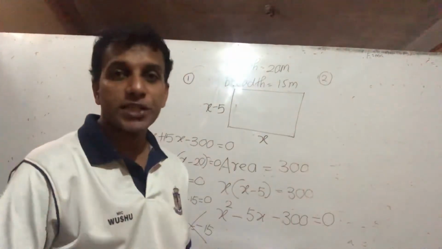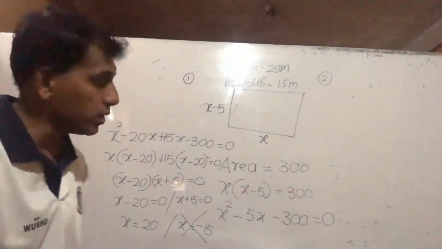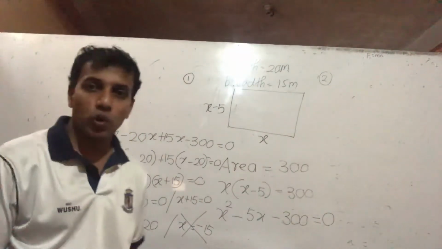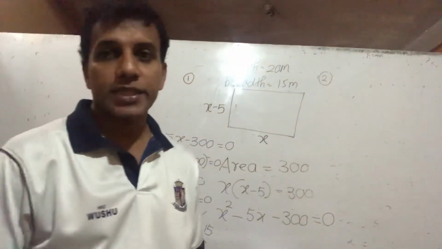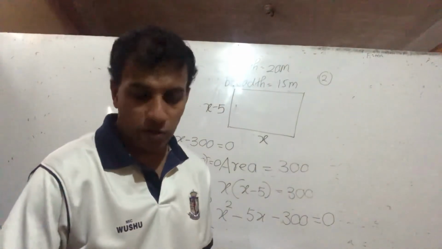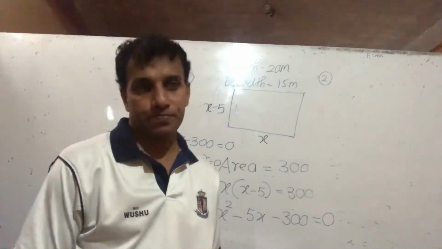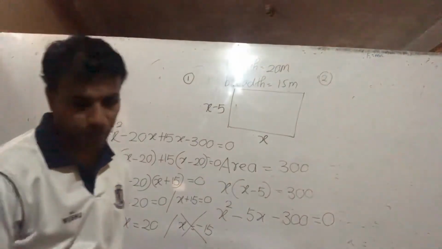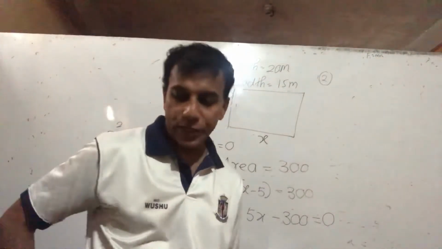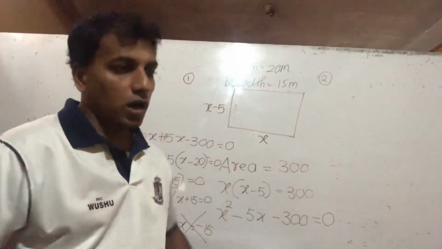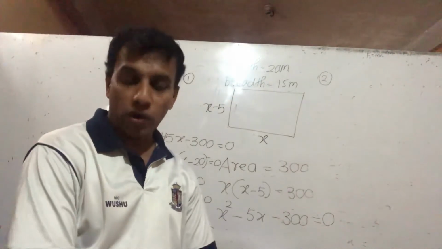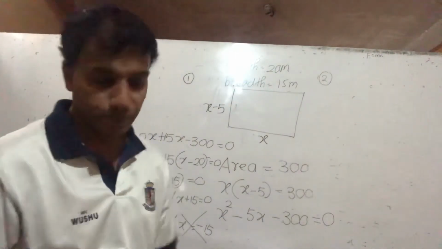When a number is added to its square, answer is 72. Find the number.